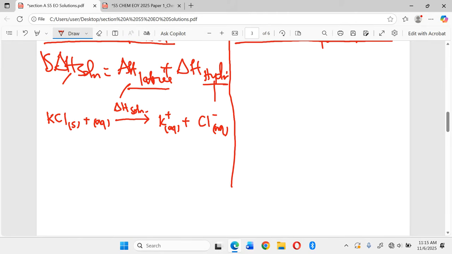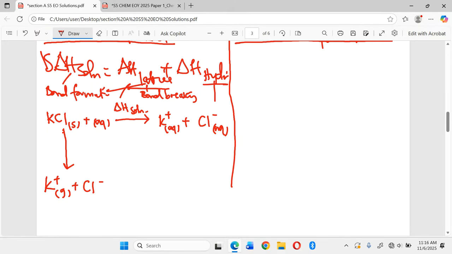For lattice energy, we have the one which involves bond breaking, and the one which involves bond formation. The one we have been looking at involved bond formation. Now, this one involves bond breaking, where a crystal solid is breaking into its gaseous ions.